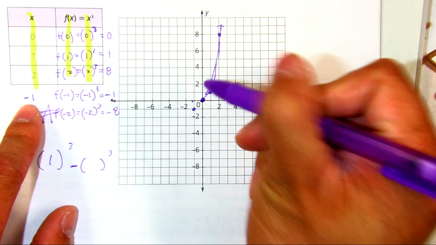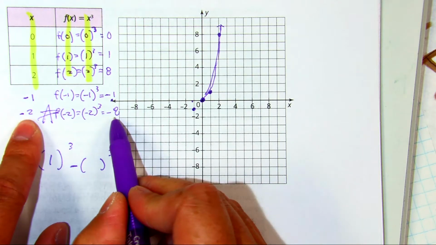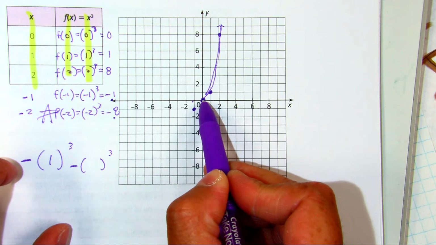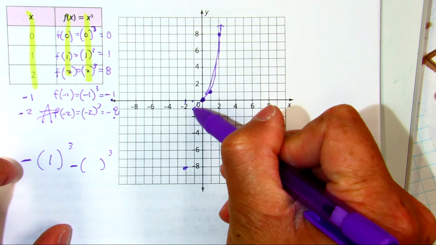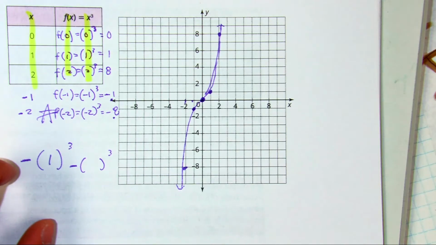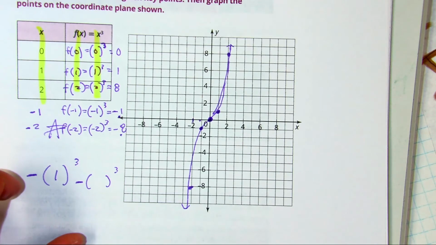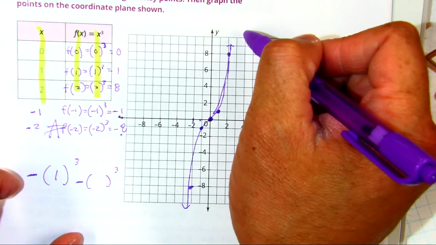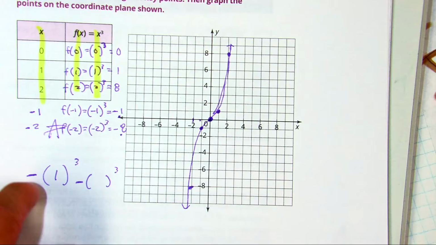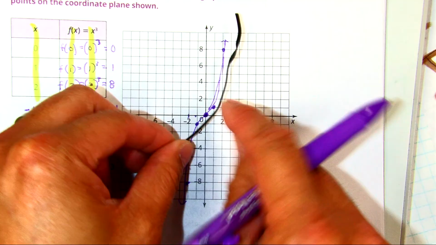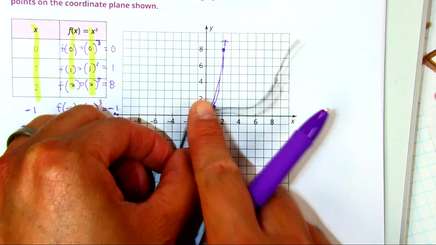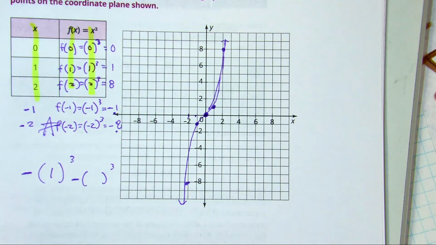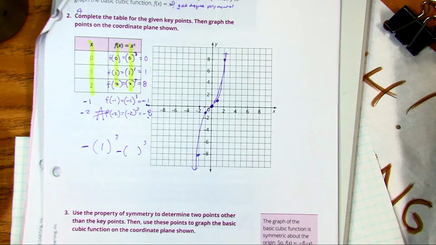Okay, do it again. 2 to the left and down 8. Odd degree polynomials start down and end up. Its symmetry, you realize that it's rotated about the origin 180 degrees. Okay? I'm trying to show you conceptually how you get the other points.